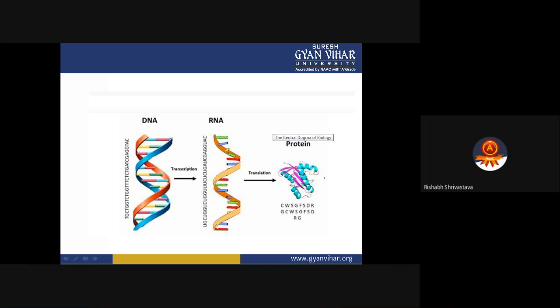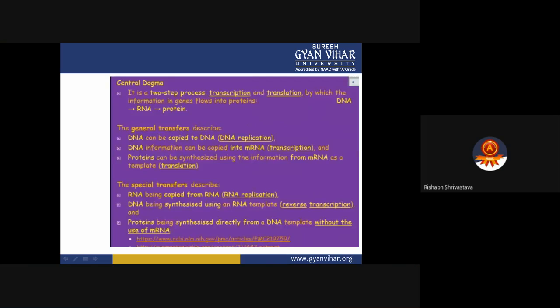And RNA codes for your proteins. This process is called translation and it utilizes ribosomes. The central dogma is a two-step process. That is, it has transcription and translation, by which the information in a gene flows into making a protein.